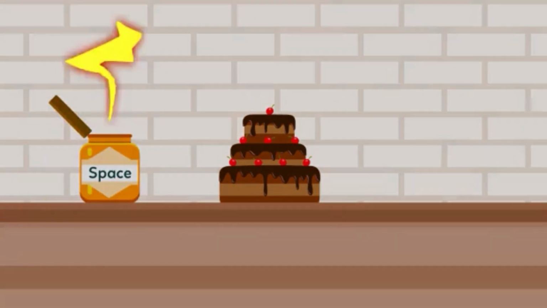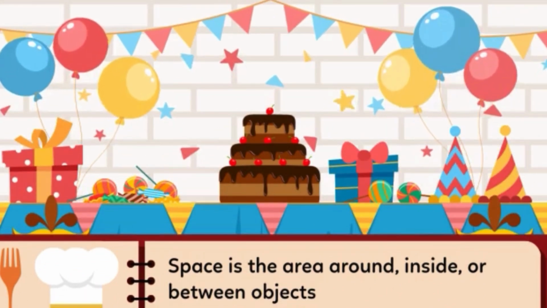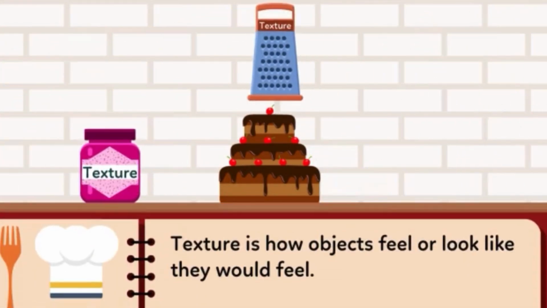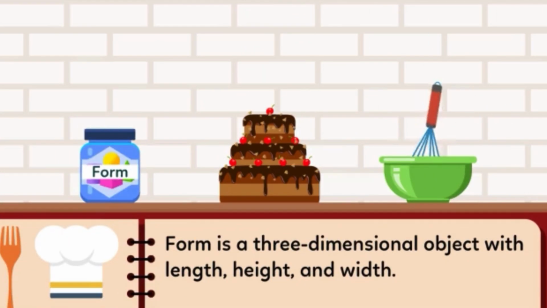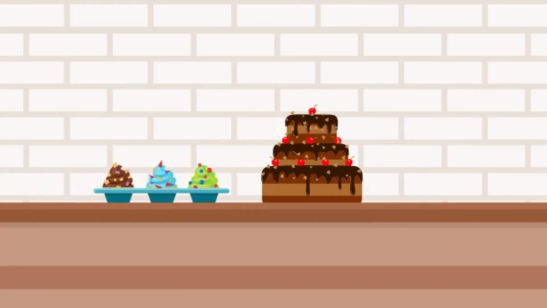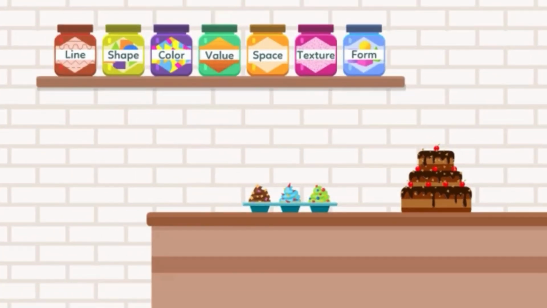Spice things up by stirring in space using foreground and background. Toss in some texture to add feeling or look to your artwork recipe. Fold in form to give your masterpiece that length, height, and width. Voila! The elements of art work together to create fabulous artwork. That's why our cafe uses these magical ingredients to make every masterpiece magnificent.